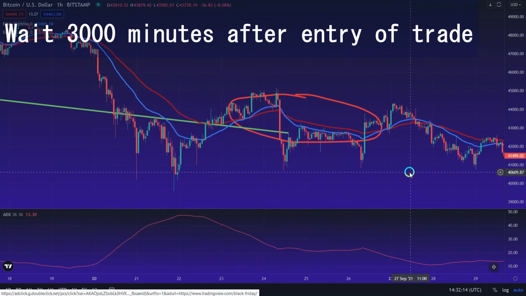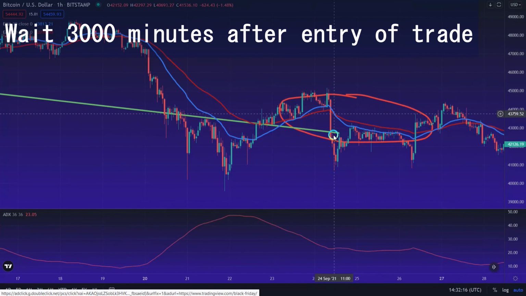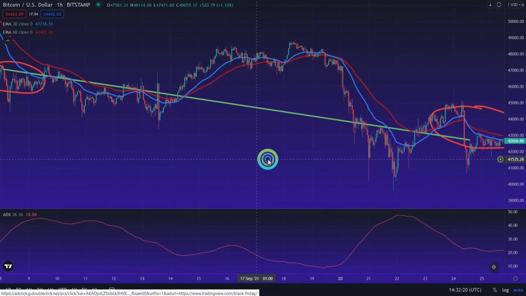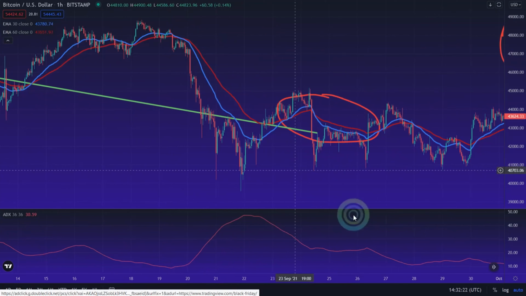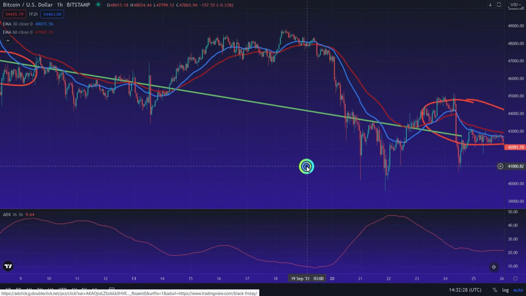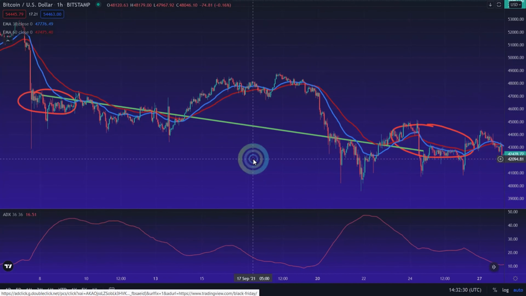Now let's take a look at it, because the crossover just happened here, and it was a perfect spot because the 3000 minutes passed, and so basically we could close the trade. And with these time parameters, actually a lot of noise and ranging markets can be filtered, and that is what we are looking for in a strategy.